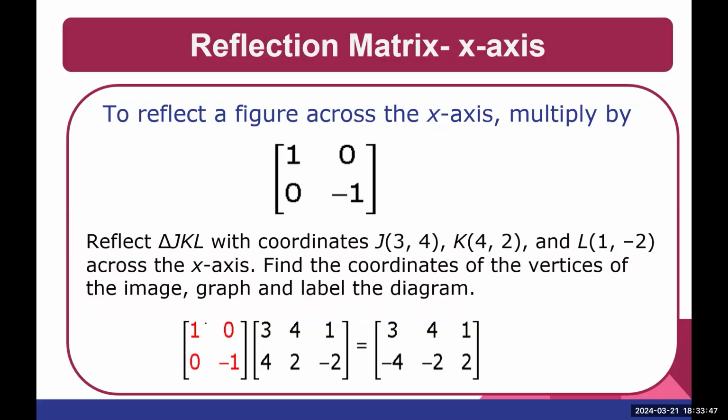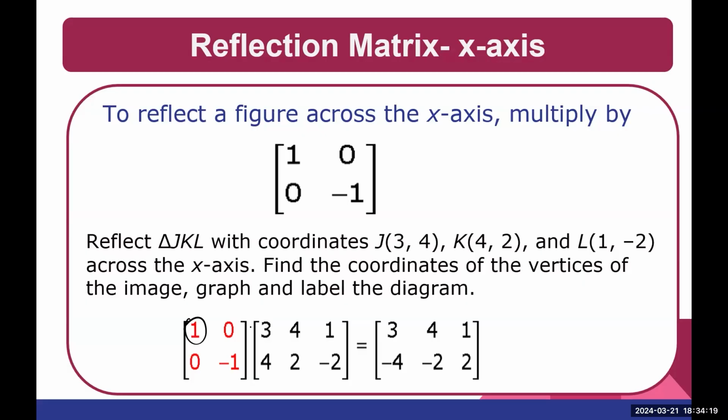As I've stated, all the x values remain the same, however the y values will be multiplied by negative 1. Our x values are always in the first row here. So 3, 4, 1 represents the x coordinates of the vertices of our triangle, and 4, 2, negative 2 represents the y coordinates of those vertices.